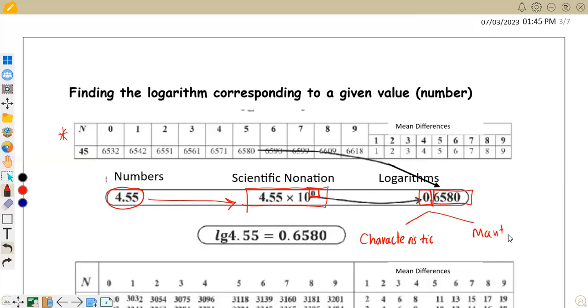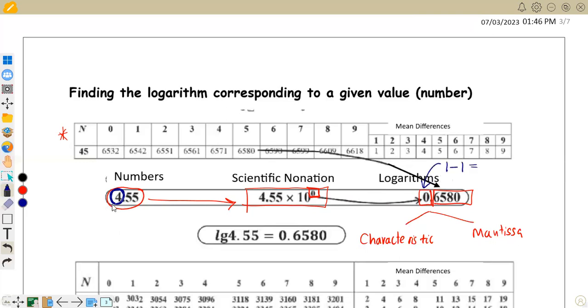Then the characteristic is obtained using scientific notation. Actually, we can use a simple method. Here you can identify how many digits are there in the whole number part. It is 1.